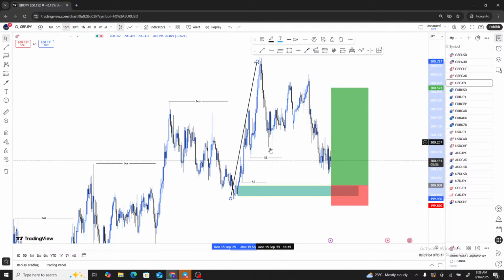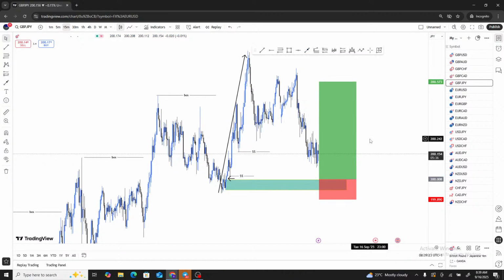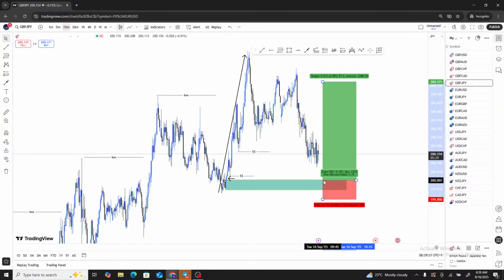There is liquidity. You can see the first liquidity taken, the second liquidity about to be taken, and there is a little imbalance, a very little imbalance in there. So we look forward for this trade as well. Trading is very simple if you can just be robotic with the right information. I'll be using this stop loss and this take profit.